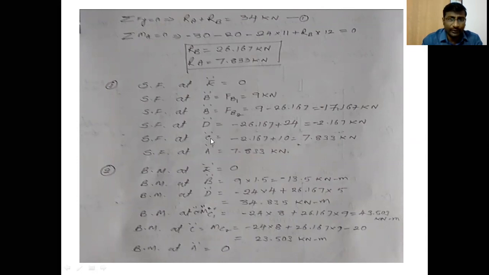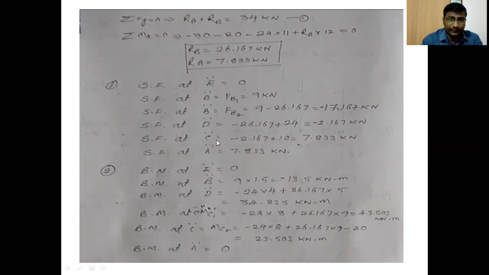Then shear force at point C after considering the point load: minus 2.167 plus 10, since the point load of 10 kilonewtons acts in the downward direction. Therefore, the shear force at point C is 7.833 kilonewtons.